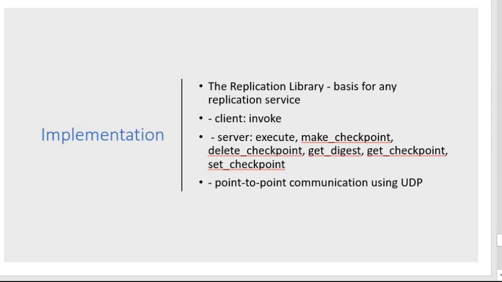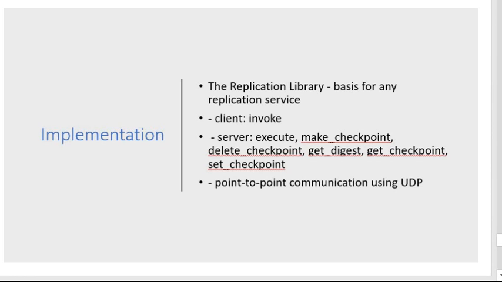Implementation. The implementation is the same as we discussed in the algorithm. The replication library will maintain the service, called a replication service. What is the client's duty? It just invokes the request. What is the server's duty? It may execute, it may check, or it may make a checkpoint, or delete a checkpoint.